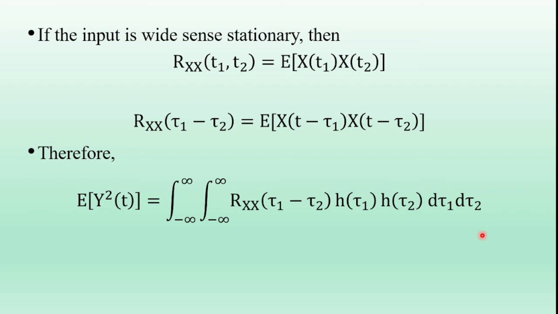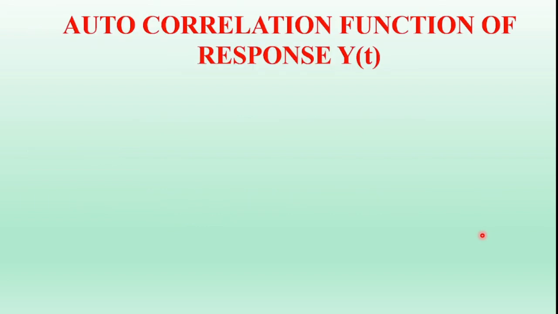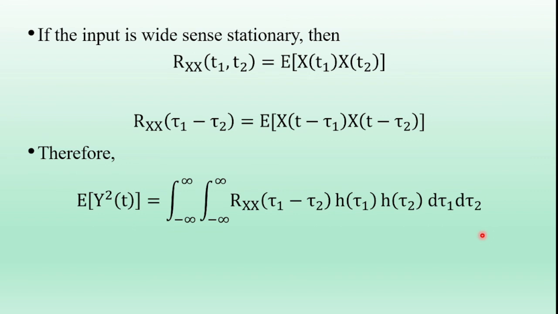This equation indicates the power in y of t, but it is tedious to calculate this power in most cases. So this is the concept of the mean value of the output y of t and the mean square value of the output y of t.